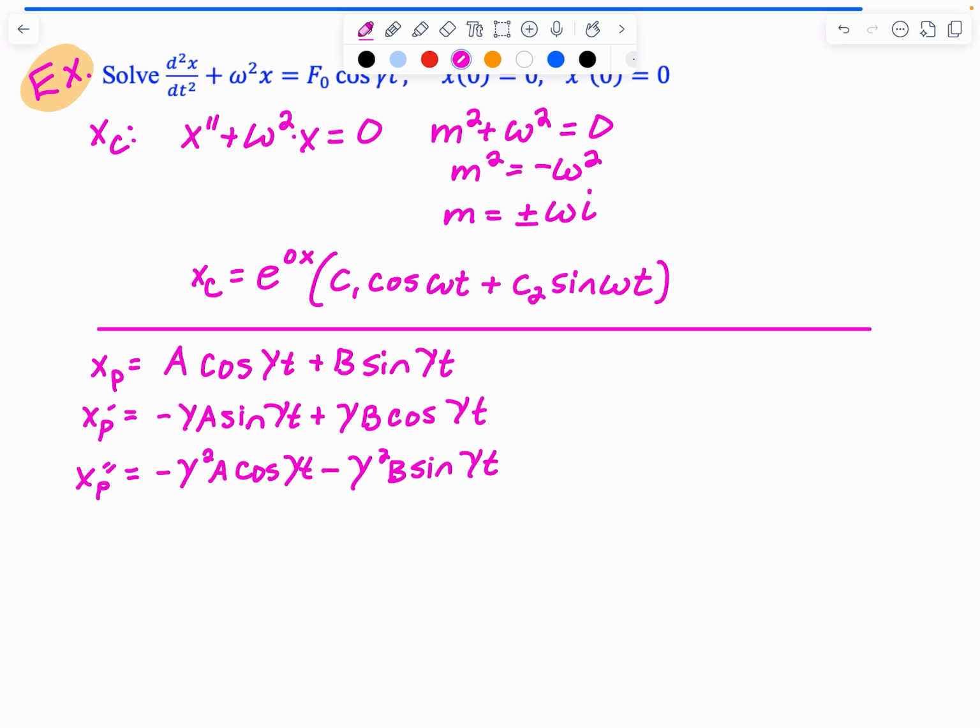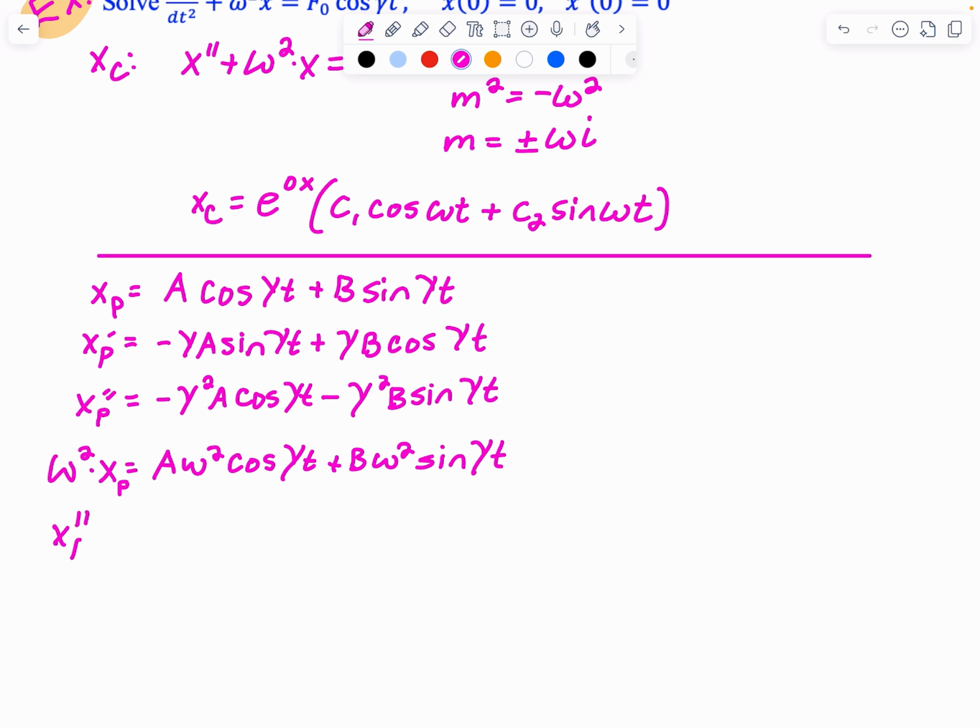Then I need omega squared times x sub p. So this is going to be a omega squared cosine gamma t plus b omega squared sine of gamma t.